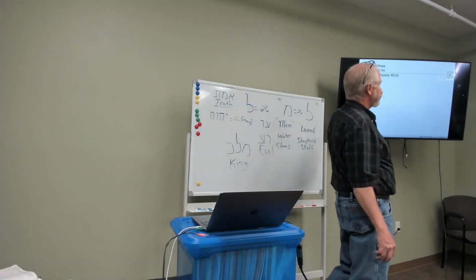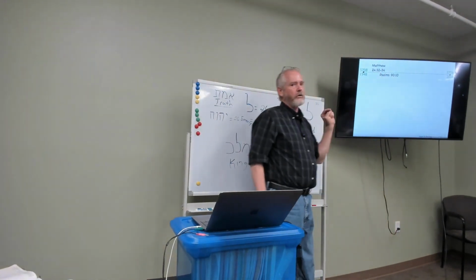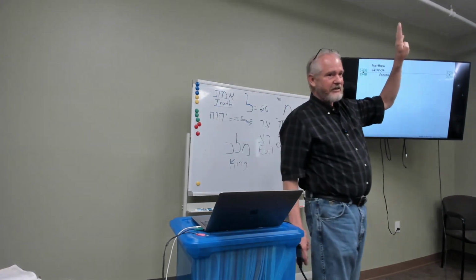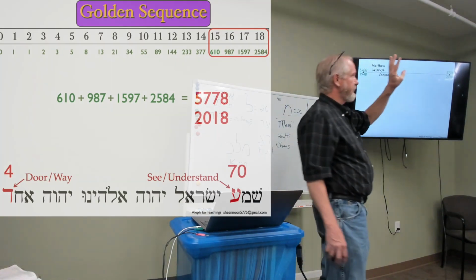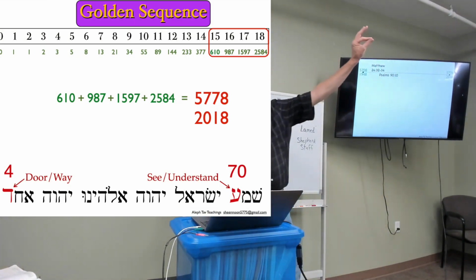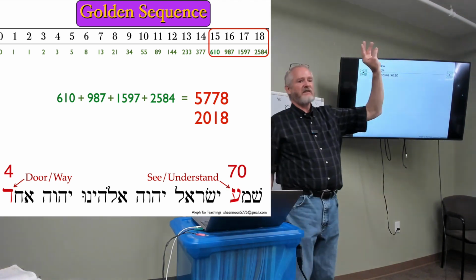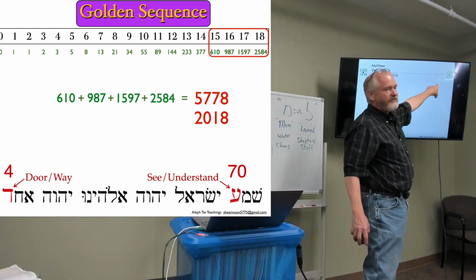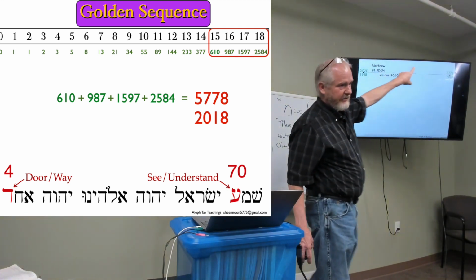When you see its branches and leaves appear, he says, surely you will know the time is near, because they asked the question, when are you coming back? He says the time is near, right at the door. And the doorway that you guys saw in 2015, 16, 17, and 18, because if you go to the 15th, 16th, 17th, and 18th place in the Fibonacci sequence, it adds up to 5778.